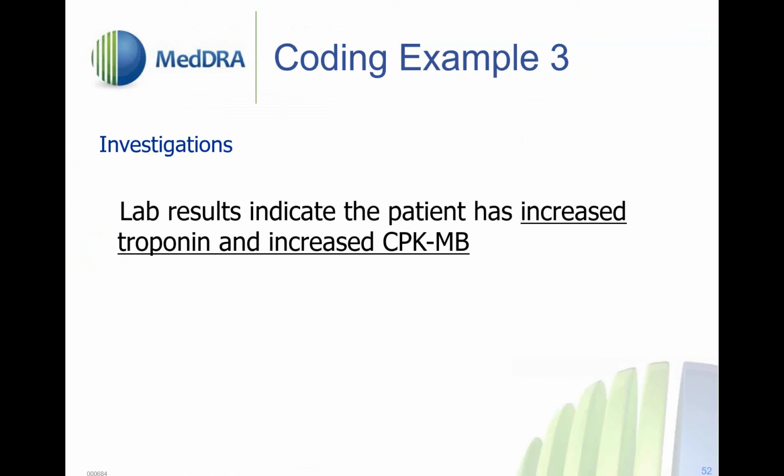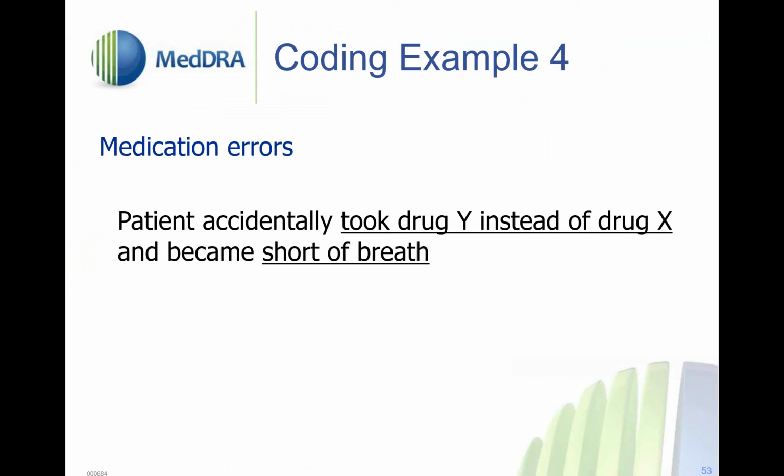That will have to be an internal conversation, because then a decision will need to be made whether to lose the specificity of the lab results that you have, or just to code them to a cardiac enzyme increase. That is not really the best option here, because you're losing the specificity that you have in your reported verbatim. So unless it's absolutely impossible to split them, you start thinking about what other options you may have internally as an organization.